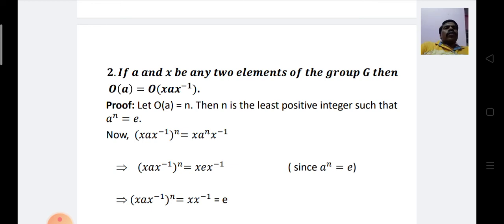Now here let order of a be equal to n, then n is the least positive integer such that a to the power n is equal to e.